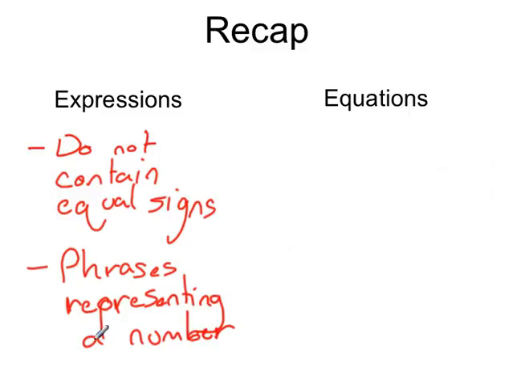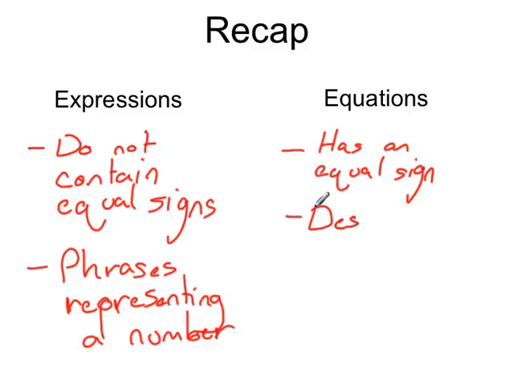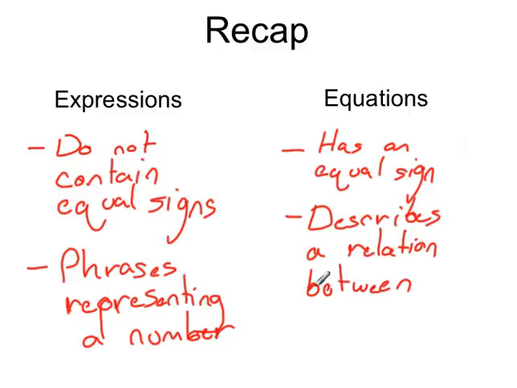And then on the flip side of that, if we were to talk about equations, an equation does in fact contain an equal sign, kind of where it gets its name. So we'll say it has an equal sign. And an equation describes a relationship between expressions. And since expressions describe numbers, it's really just describing a relationship between two numbers.